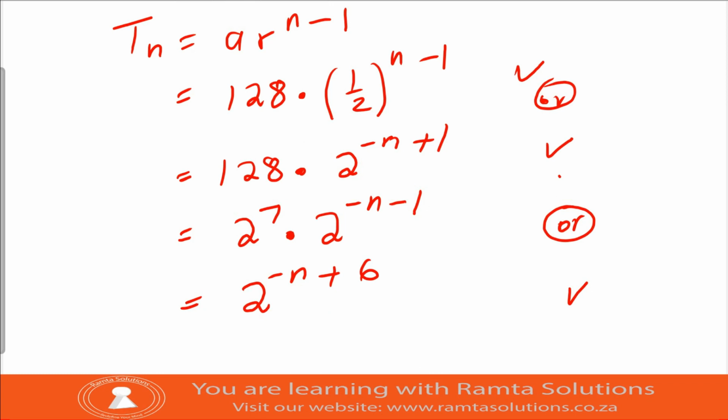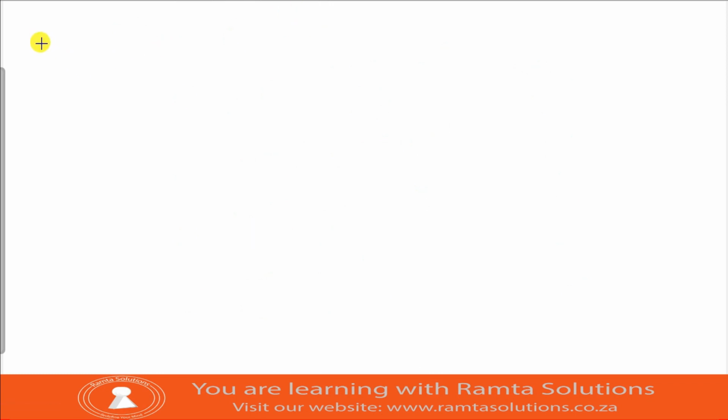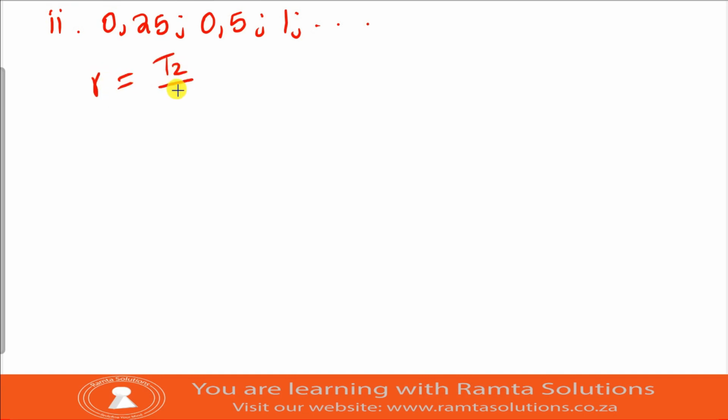Now let's then look at the second one, which was 0.25, 0.5, 1, and so forth. Let's see, our R is T2 over T1. It's important to write this formula.